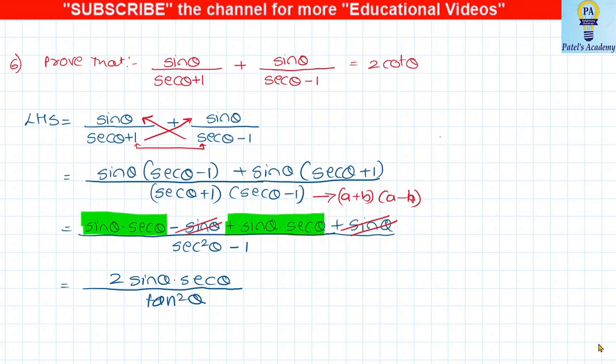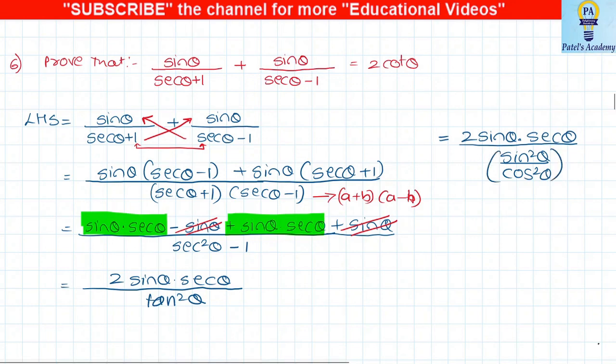Now what I'll do, 2 sine theta sec theta as it is, I'm going to convert tan square into sine and cos. So what I'll get, sine square theta upon cos square theta. I'll put a bracket because next step I'm going to shift this bracket up.